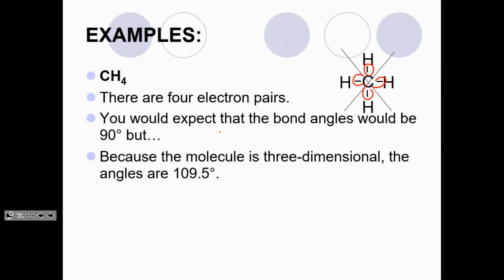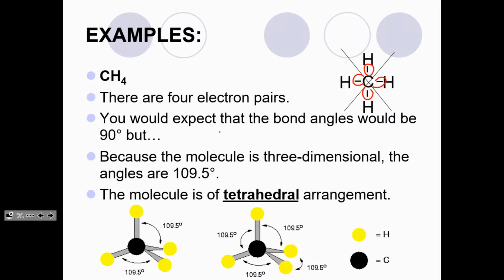But when they arrange themselves in 3-dimensional space, there's a little bit more room, and they can spread out even further into what we call tetrahedral, which is the 4th shape in our notes. Tetrahedral molecules have a bond angle of 109.5. It gets to spread out just a little bit more.